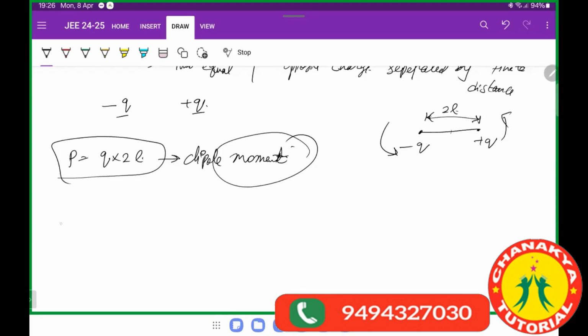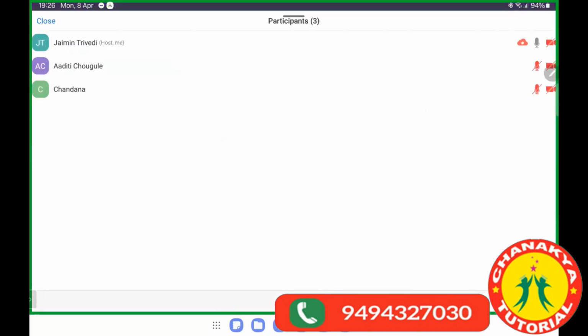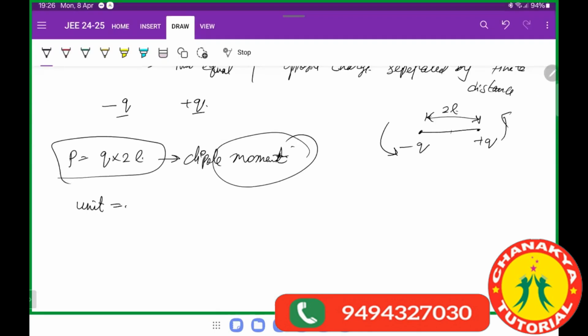Before going to that torque, let's see the unit. How to find the unit now, tell me. Get the unit. If you don't know, still make it. Let it be right or wrong. Come on, try it. How to make the unit here?